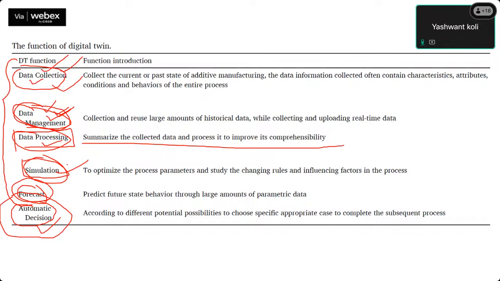What parameters have to be considered and what things have to be ignored, these things are very important. Decision making replaces or assists technicians in making optimal process decisions. It balances trade-offs. Automatic decision is still in the early development.